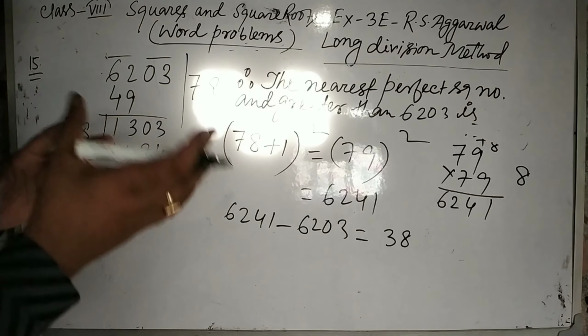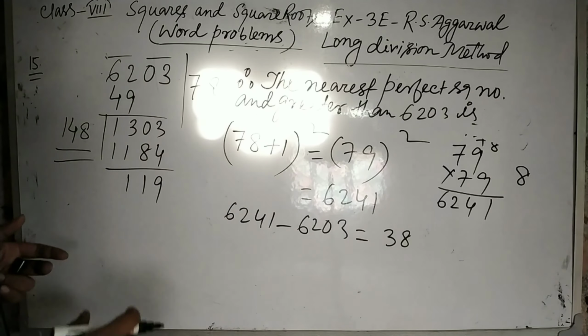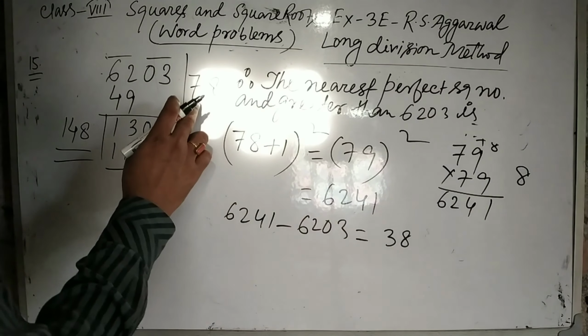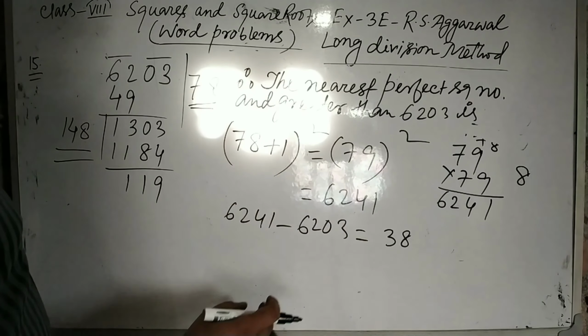Why? Because we are adding something with the given number, so it must be greater than the given number. So it will be this square root plus 1 whole square, that is this number.